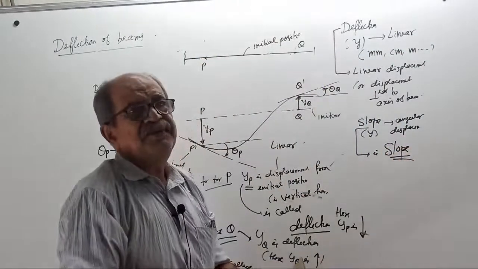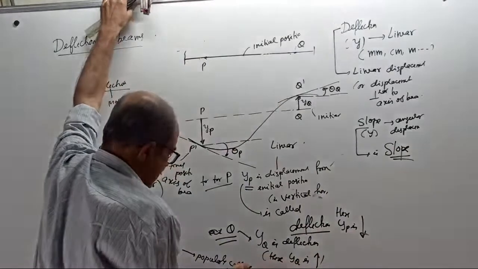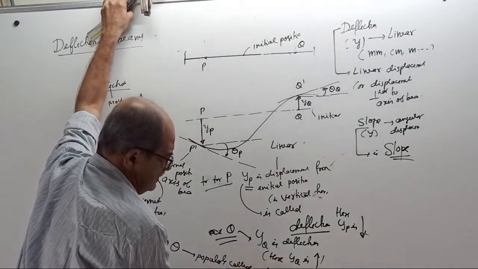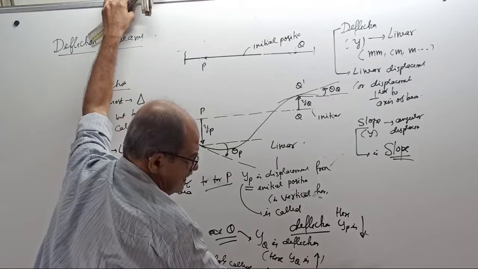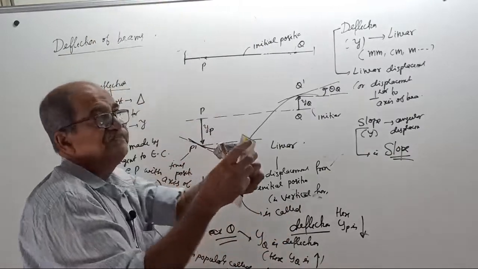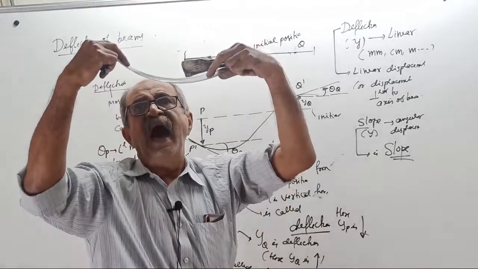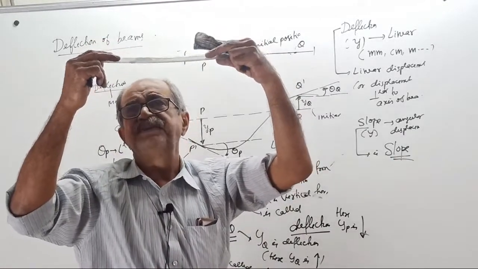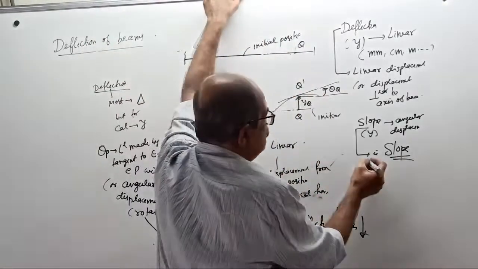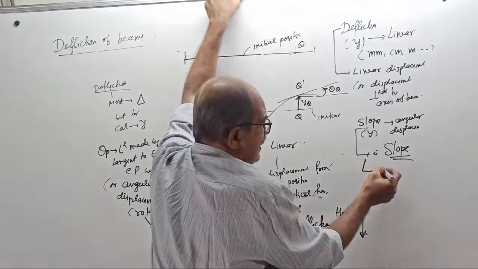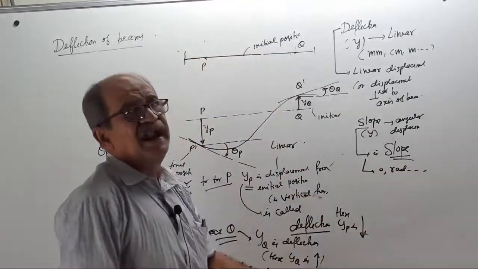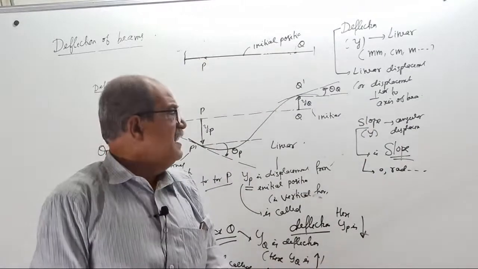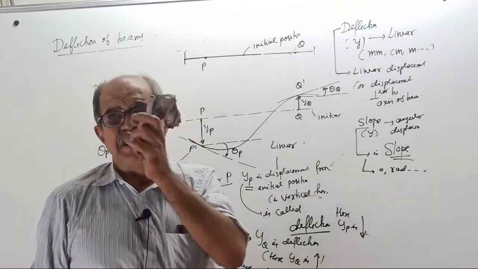Angular displacement means how much is the rotation. The unit should be angular, degree or radian, etc. Gradient is not used now. Degree or radian, that is general language.